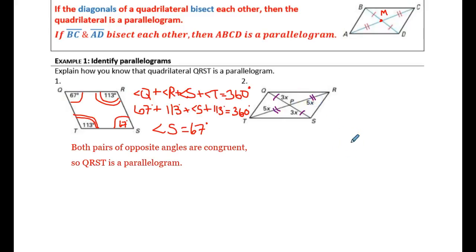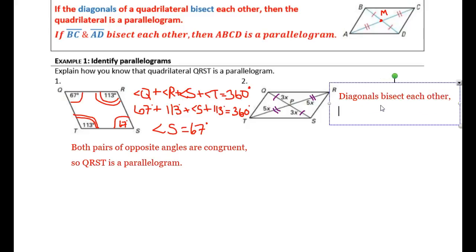So these two segments are congruent, which means the diagonals bisect each other. So QRST is a parallelogram.